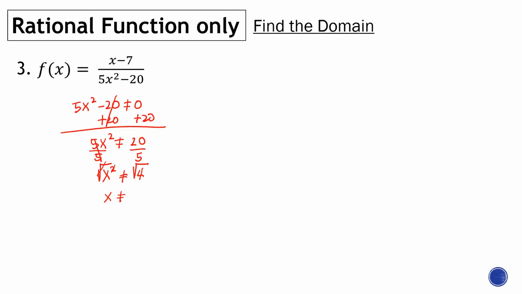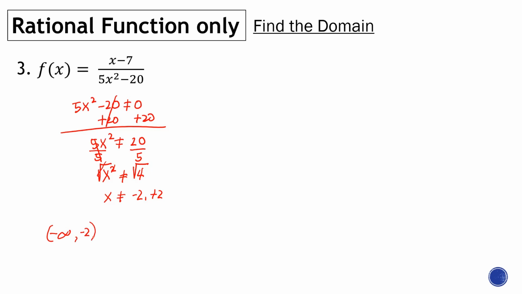There are two numbers that we cannot use as the value of x, and they are negative 2 and positive 2. I just separate those two numbers. How are we going to write that in interval notation? We start again with negative infinity, and the lesser number next, that's negative 2.